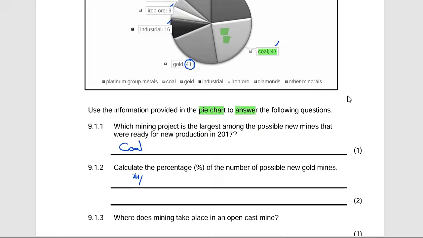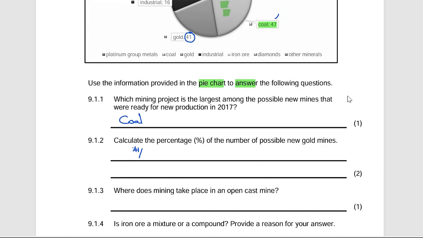So it's equivalent to 41 over 192. Then I'm going to multiply by 100 to formulate a percentage. So 41 divided by 192 multiplied by 100 gives a value of 21.4. So our answer there is going to be 21.4%.